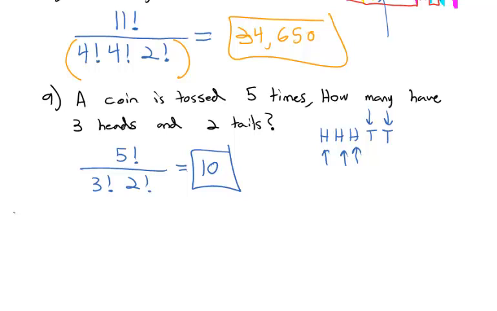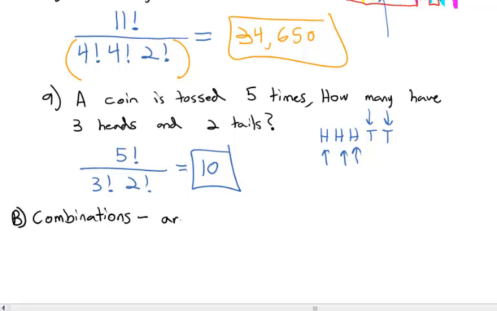What we're going to take a look at next are what are called combinations. Combinations are arrangements where the order does not matter.